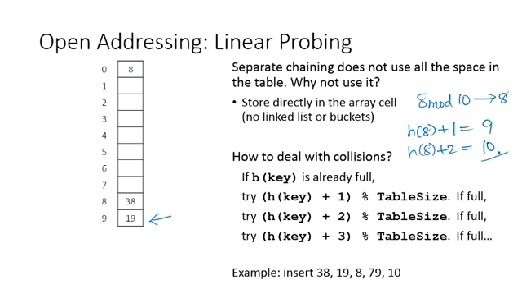We don't have 10, so we take mod 10, and it goes to the 0th position. So 8 will be stored in the 0th position. The simple concept is that we check for the next location which is free.